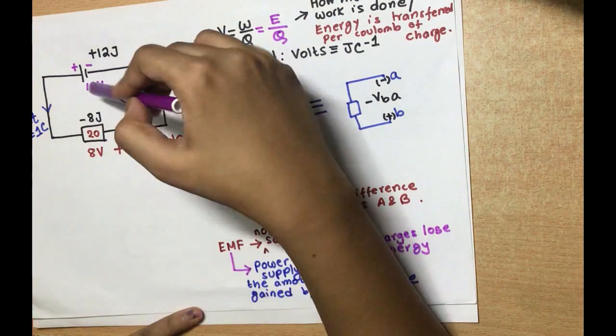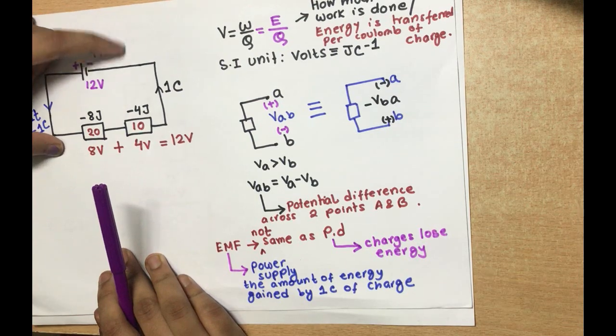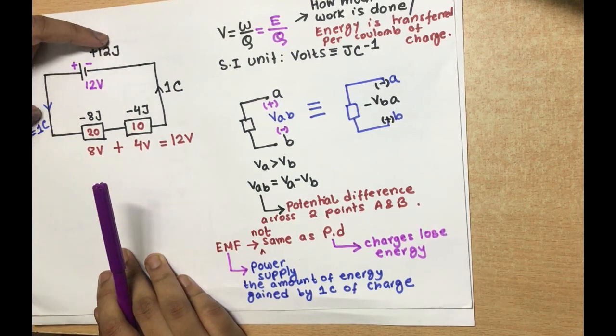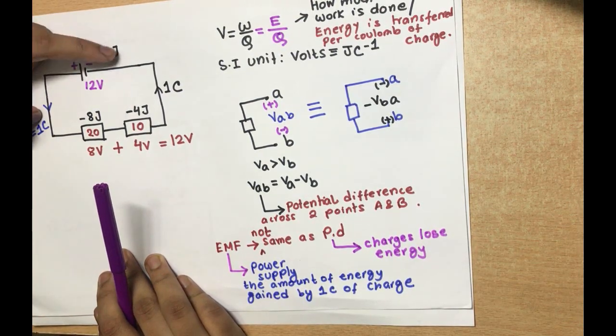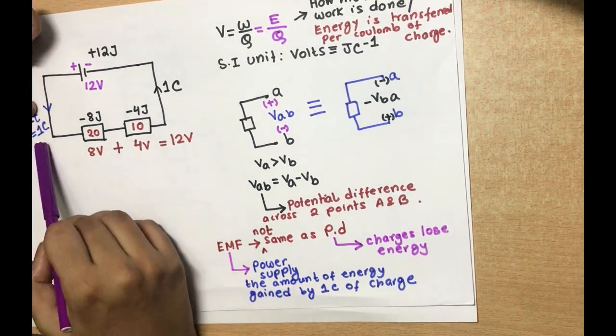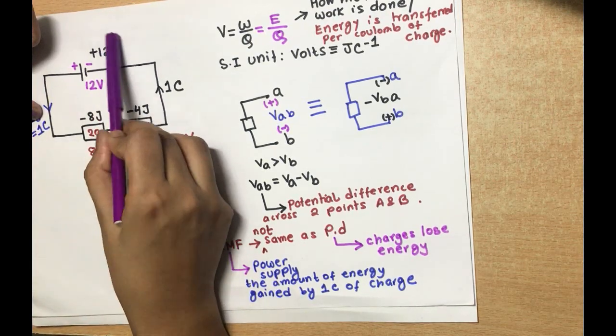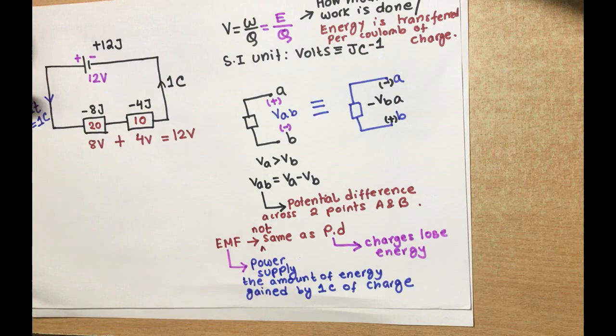The voltage of the power supply actually represents the amount of energy that is transferred to 1 coulomb of charge, or in other words, the amount of energy gained by that 1 coulomb of charge. For example, here the amount of energy gained by this 1 coulomb of charge is 12 joules.